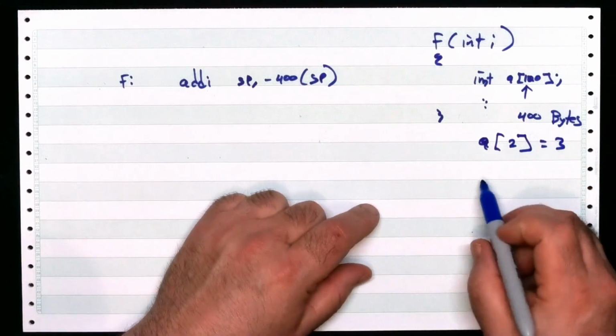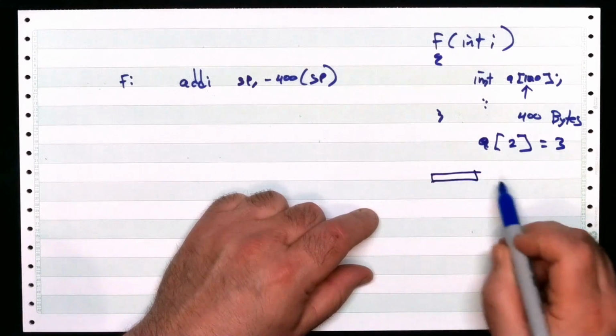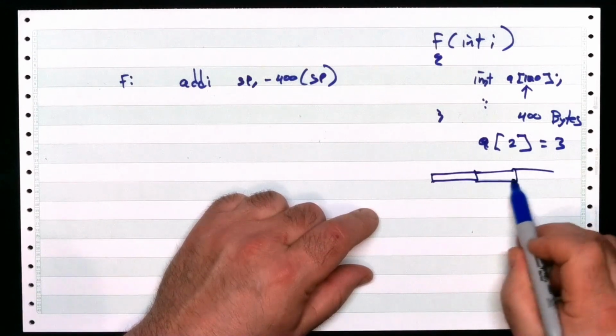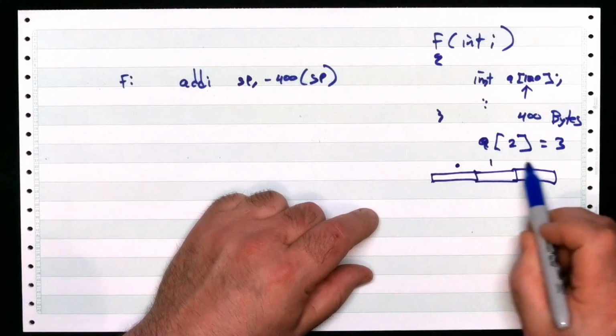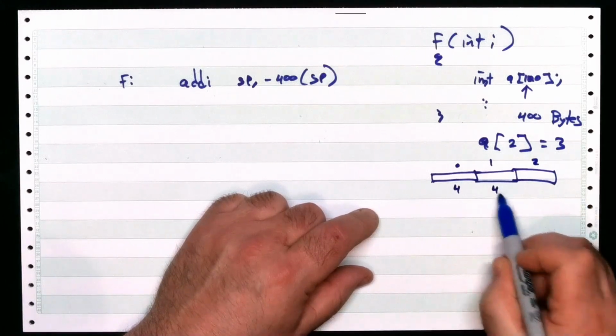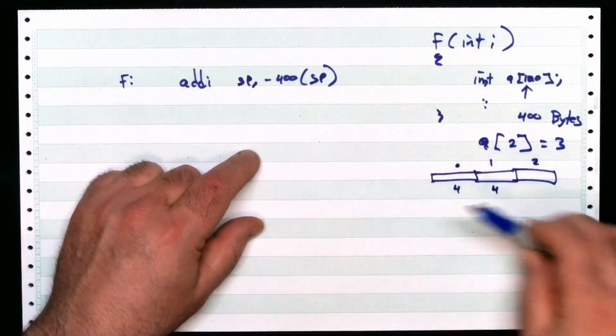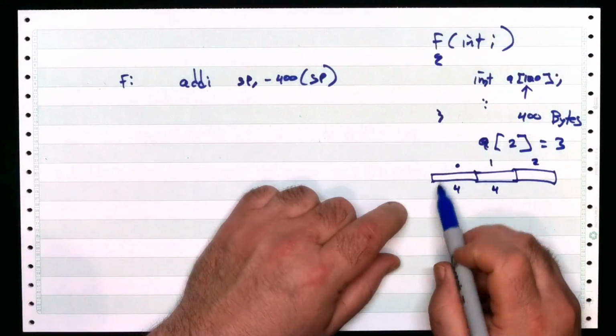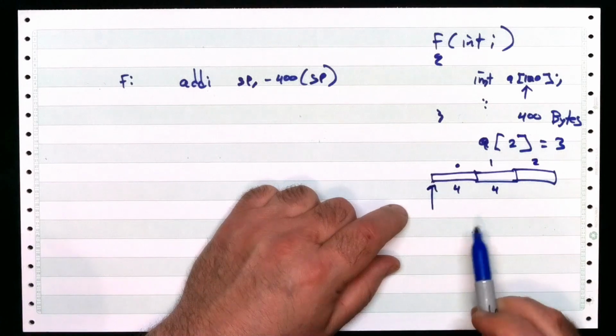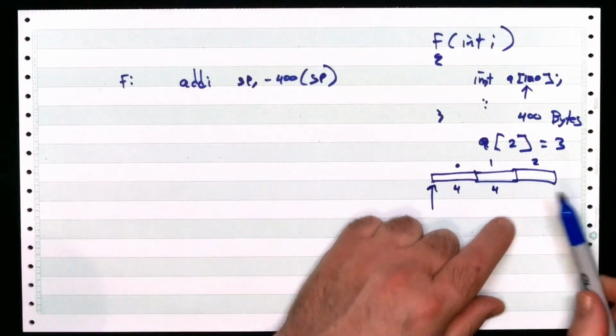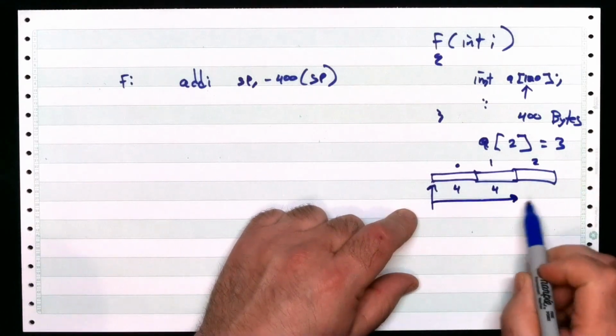So if you look at the memory, we've got a[0] there, a[1] is here, and a[2] is there. Each one of these is 4 bytes long. So if we move down the stack pointer to make a hole, the stack pointer would be pointing right there. Well, a[2] is 8 in to the stack at this point.